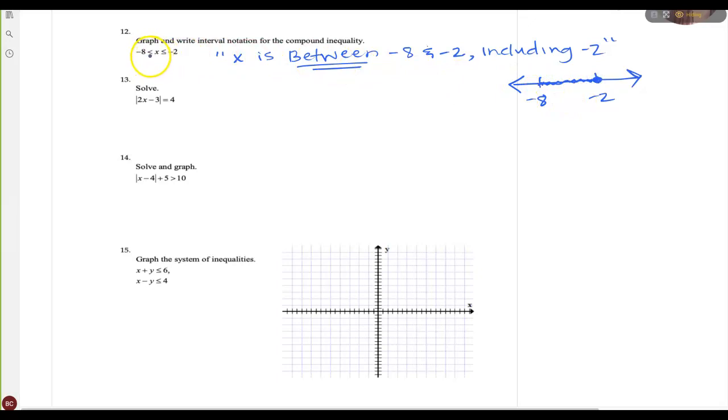Notice that it doesn't have an equal sign on that part there. All right, so that's an open circle there. And to write that into interval notation, we're reading it from left to right. So open circle means parenthesis, -8 to -2, and then that closed circle means it's going to be a bracket. All right. And so all the stuff between -8 and -2 is how we write that.